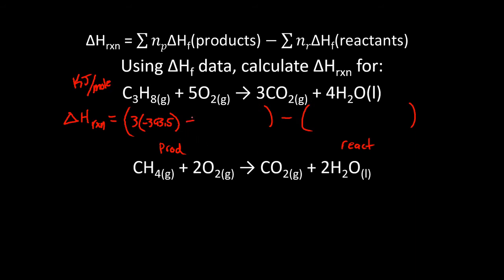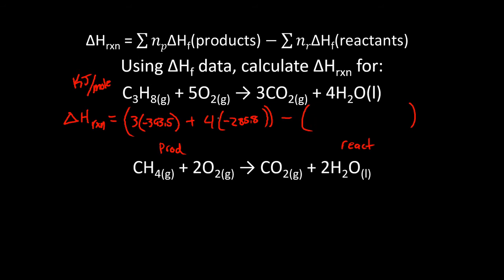So that's the CO2. I'm going to add to that the number for water. I have 4 of whatever the number is for water. Water is usually listed under oxygen on these tables. Water in the liquid phase, because the phase does matter, is negative 285.8. Again, that's kilojoules per mole, but just for the sake of space, I'm not going to write a unit there.